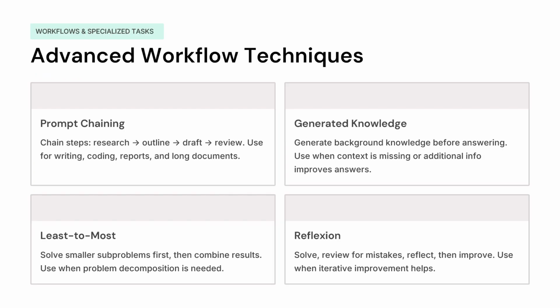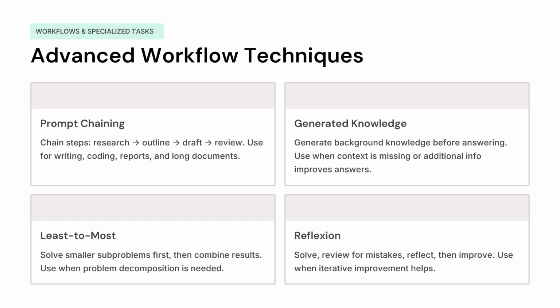Some techniques are useful for improving performance in specific situations, like prompt chaining. It's useful when the task can be broken into multiple stages, such as research, outline, drafting, reviewing, and refining, which can't be done in a single prompt. Generated knowledge prompting is useful when additional background information can improve reasoning, and it also helps in reducing hallucinations.